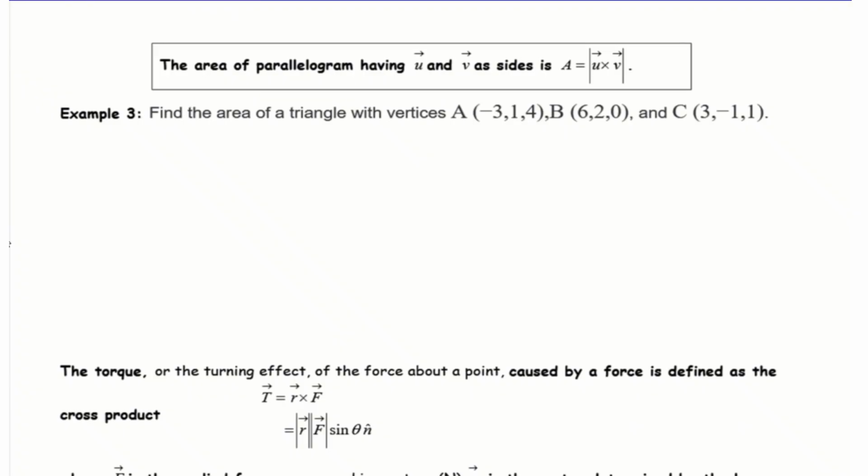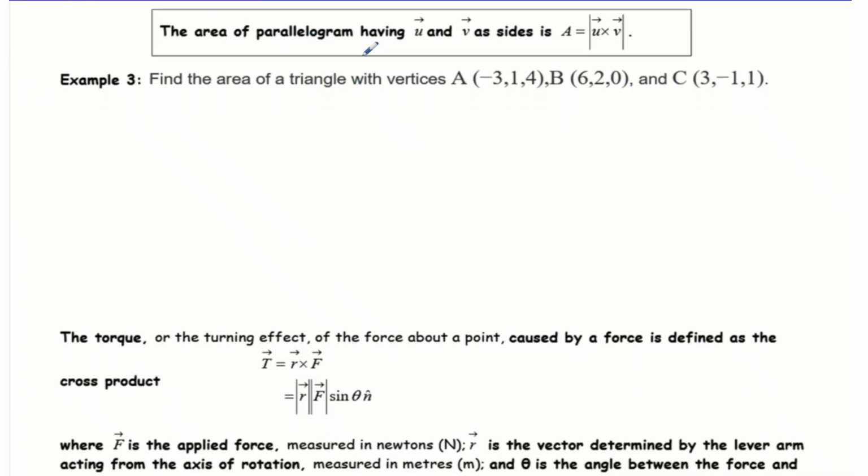This application is the area of a parallelogram. If you have u and v as sides, then the area is just the magnitude of the cross product. If we have two sides of a parallelogram, one is u and another is v, and they are given in component vector form, then the area of this parallelogram is easier to find.